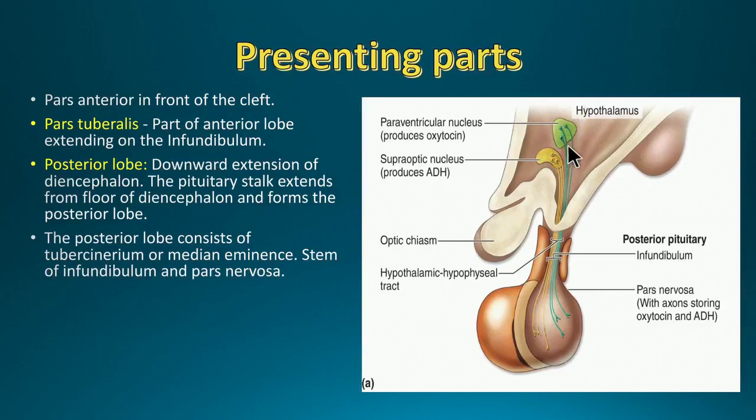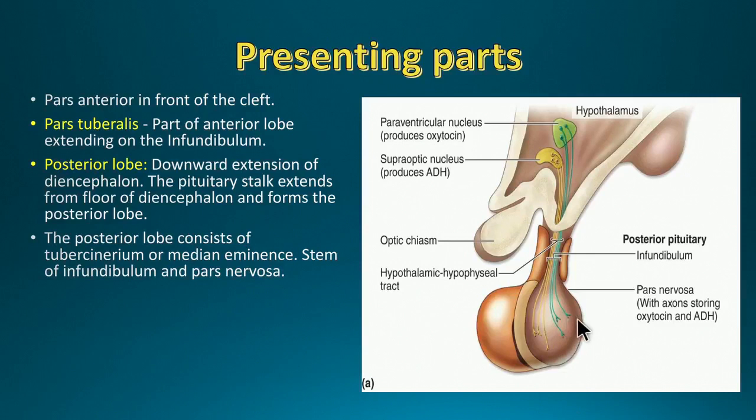From these two, the axons travel and end as expanded bulb-like structures which are called the Herring bodies. These Herring bodies are the place where the neurotransmitters, or you can call them secretions, the hormones, are stored as secretory vesicles.